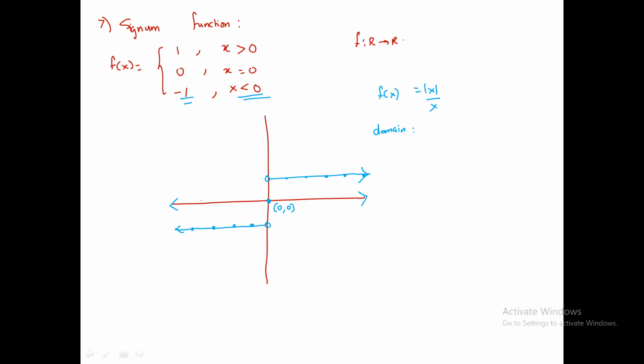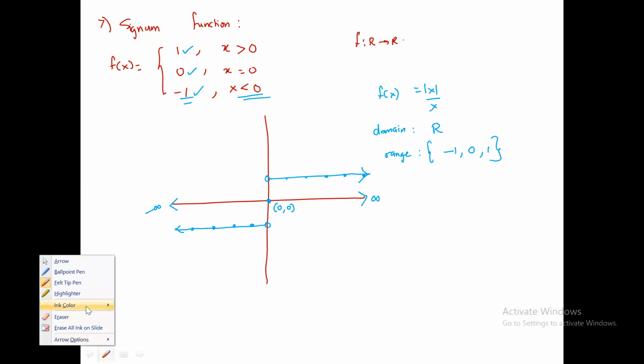Left side you can go up to minus infinity, right side you can go up to infinity. So domain x, you can take any real numbers. But for range, for y, there are only three answers. 1, 0, -1. Y will not take any values except these three. That is the range.